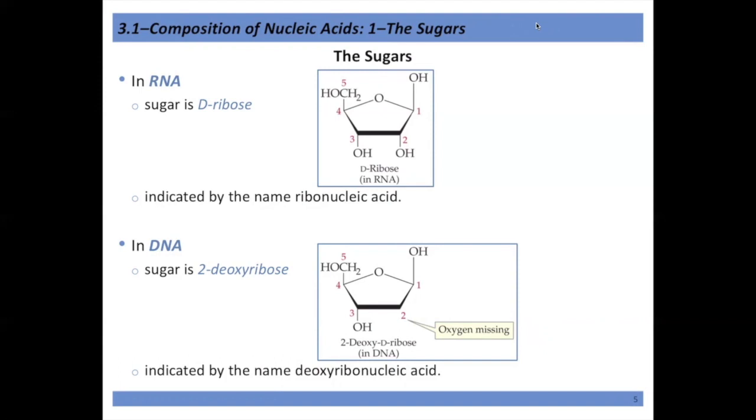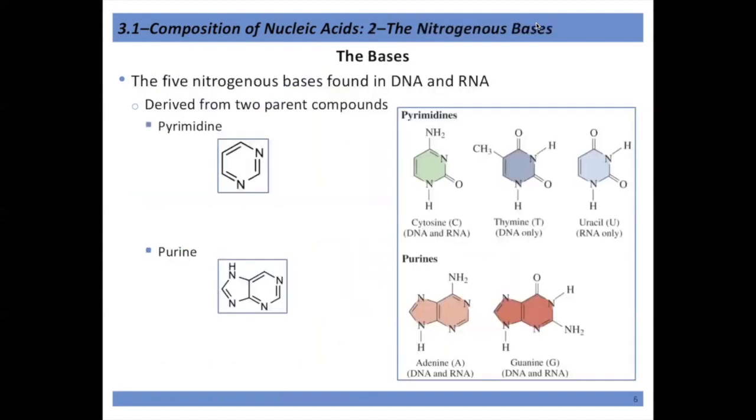So the key thing to know here is that ribose has both the OHs off of position 2 and 3, and in DNA, it is missing that OH, and that is where the deoxy comes from. And it's indicated in the name, deoxy.